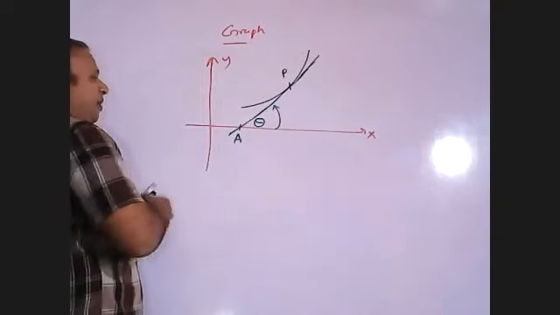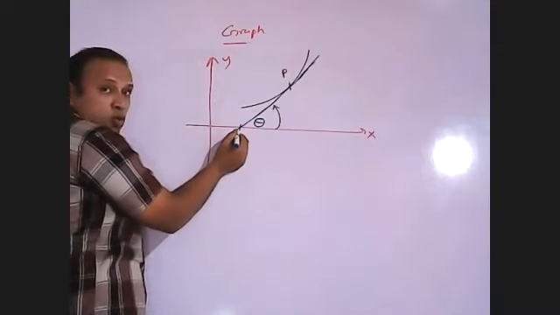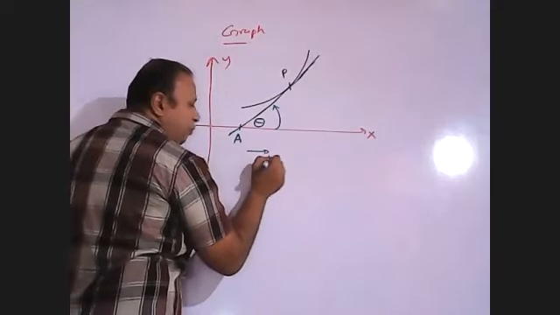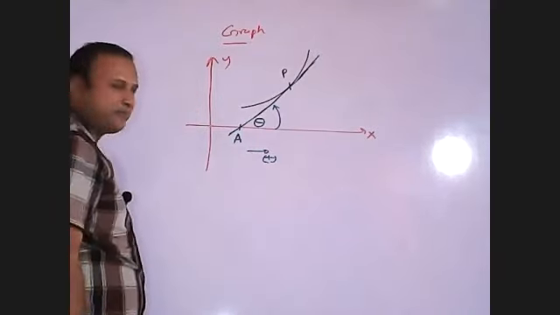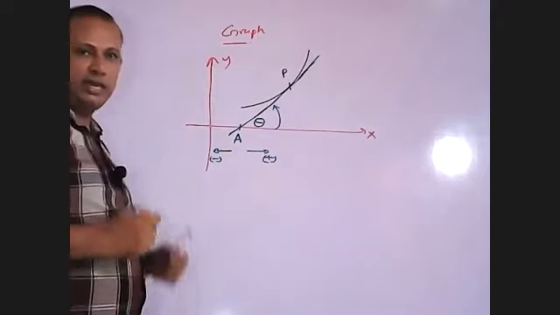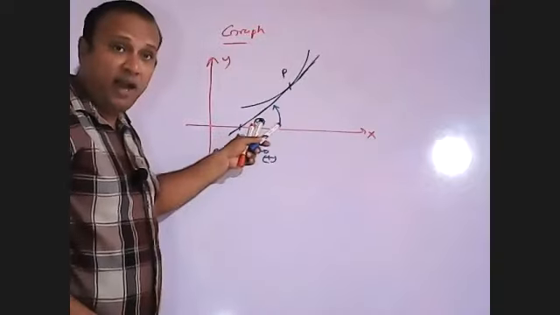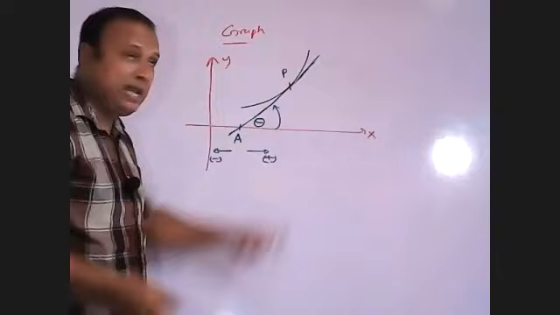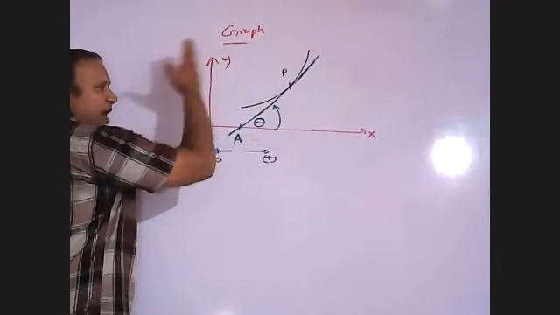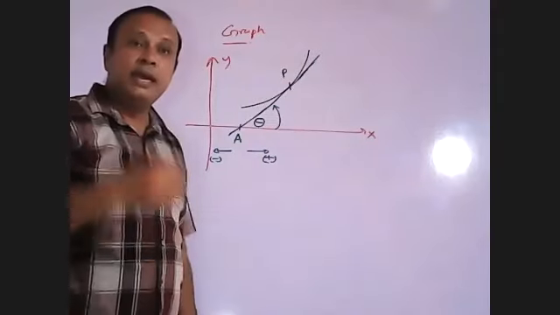Therefore, if we extend the tangent up to the x-axis, the right-hand side is the positive side and the left-hand side is the negative side. So this angle is the angle between the tangent and the positive side of the x-axis.